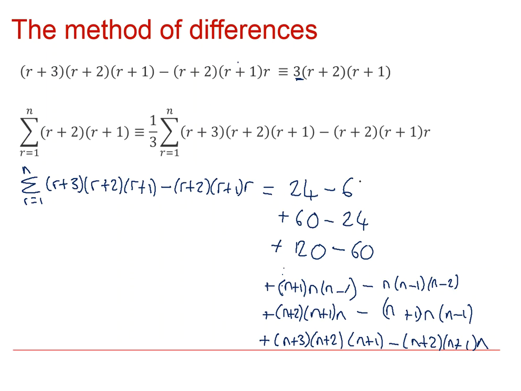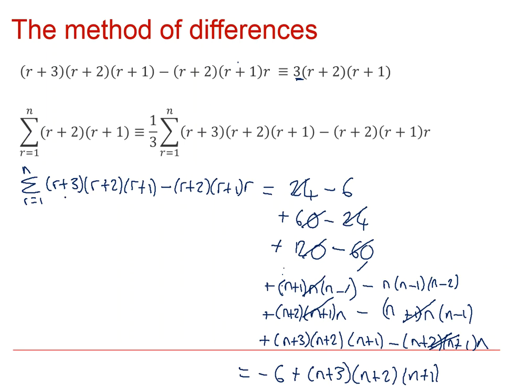So now when we look at what cancels, we can see we've got 24 and 24, 60 and 60. So we know that 120 will cancel. So this term here at the end cancels with this term, which cancels with this term. And what you're actually left with is minus 6 plus n plus 3, n plus 2, n plus 1.